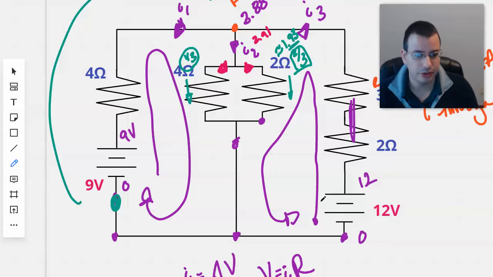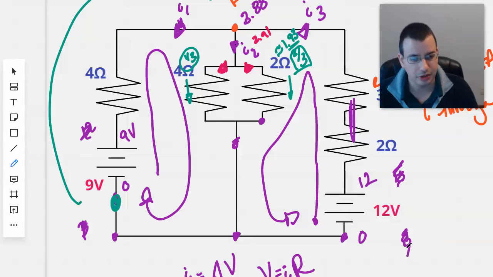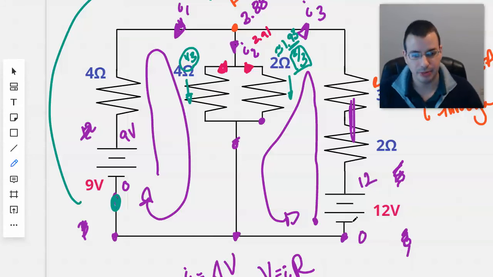You could say, well, as we discussed earlier, this is at 3, that's at 15, this is at 3, that's at 12, as long as the difference is the same as the battery. But for the ease of writing this out, we're just going to call the minimum voltage we have on the circuit 0. It just makes the calculations easier.